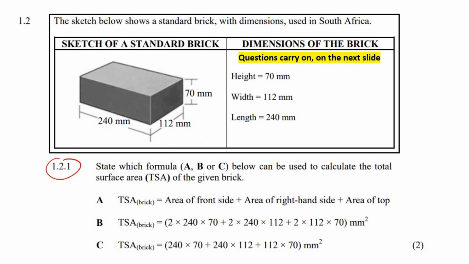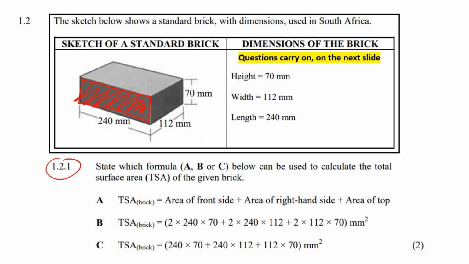Then the first question says, state which formula, A, B, or C, can be used to calculate the total surface area. Okay, so total surface area, that is the area of all of the parts. So for example, this first part in the front, how would you find the area of that?